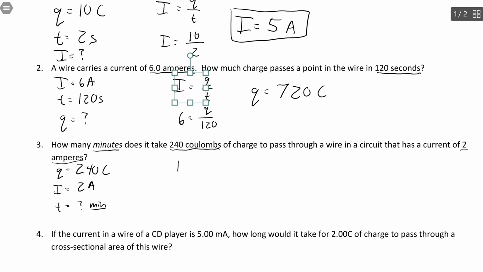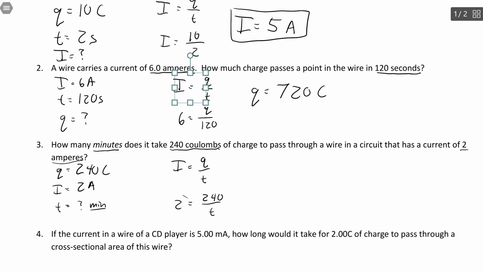So I is equal to Q over T. 2 is equal to 240 over T. And this one's also kind of tricky, because a lot of my students just like to cross multiply and they do 240 times 2, or maybe they don't know if they should do 2 divided by 240. Does that sound good to you? 2 divided by 240?